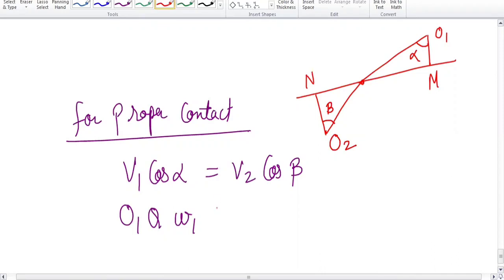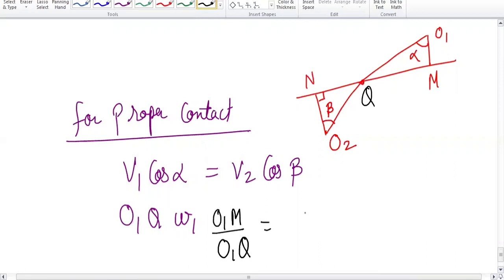So what is cos alpha, Anjali? Because this angle is 90 degrees, cos alpha becomes O1M by O1Q. Got it? This point is supposed as Q. O1M by O1Q is base upon hypotenuse, cos alpha.